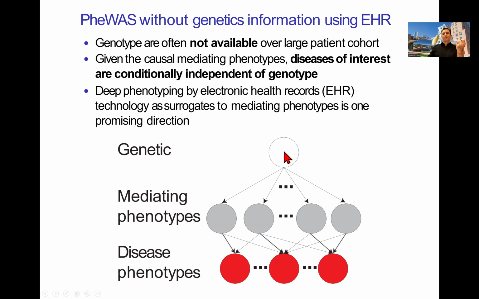And based on that assignment, I will ask, what is the correlated intermediate phenotype? For example, gene expression or methylation or lipids and so on and so forth.